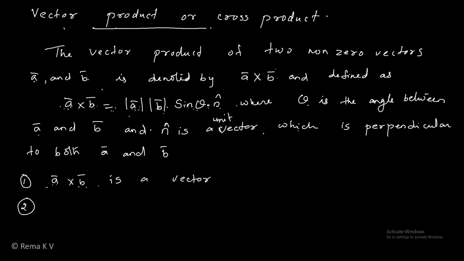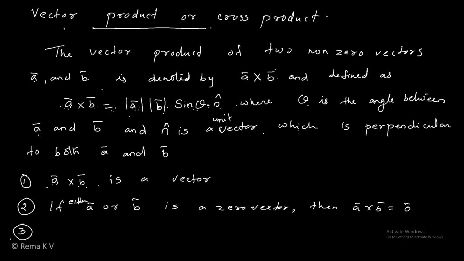If either A or B is a zero vector, then A cross B is also equal to a zero vector. The same result holds for dot product also: if either A or B is a zero vector, then A dot B is also equal to 0.